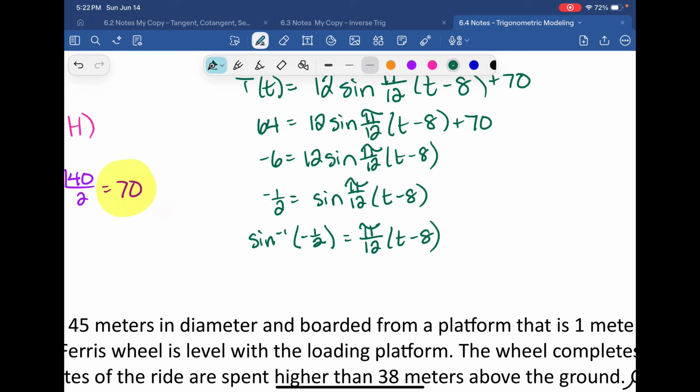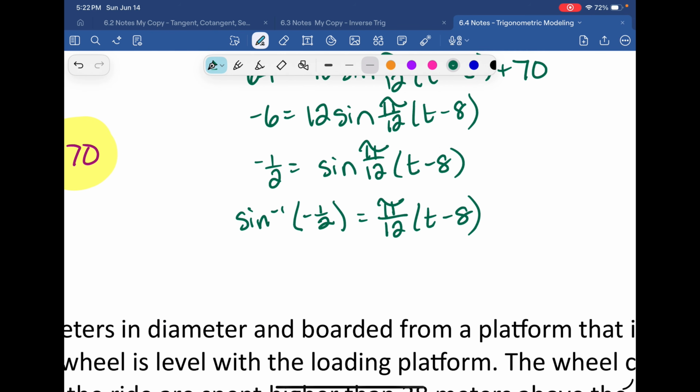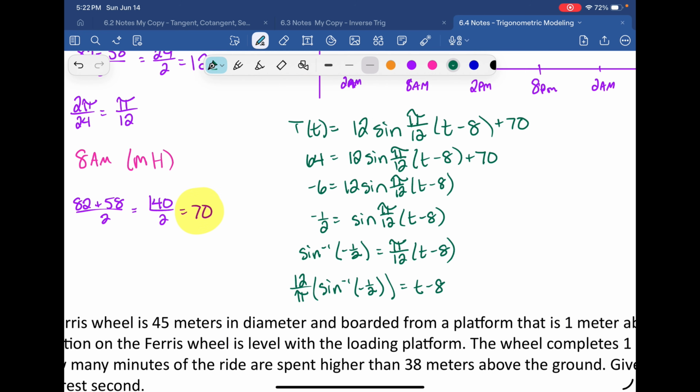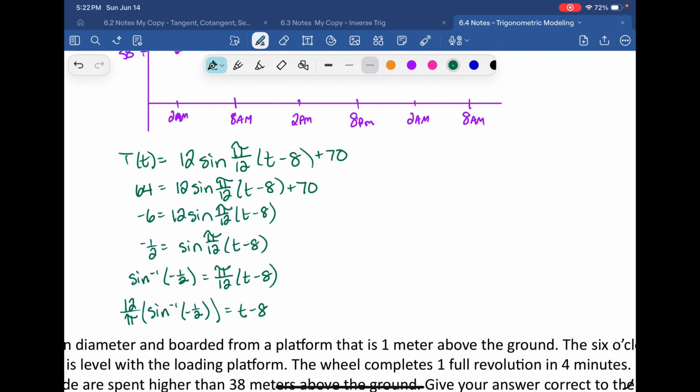Next thing I want to do is get rid of that pi over 12. So I'm going to multiply by 12 over pi, multiplying by the reciprocal. Then to finish solving for time, I'm going to add 8. So time equals 12 over pi times the inverse sine of negative 1/2 plus 8.